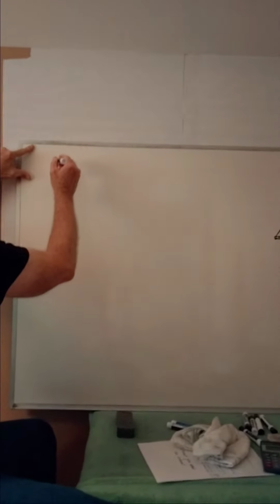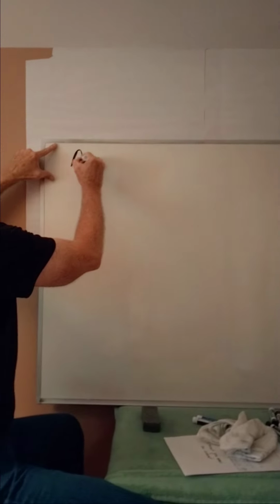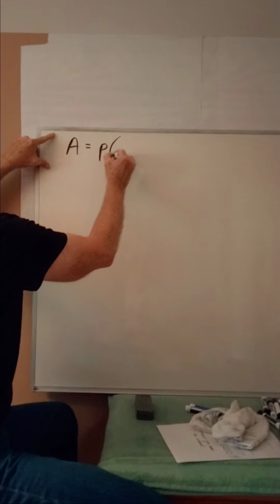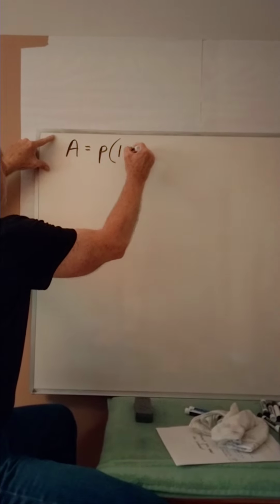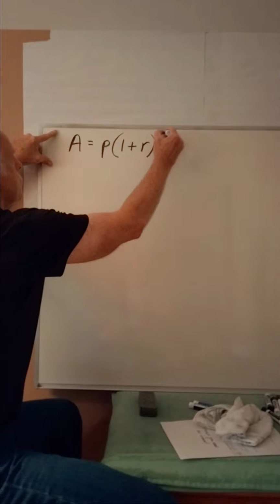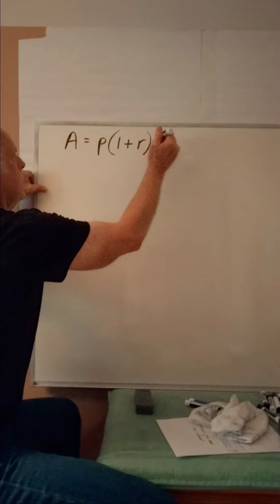So we're now going to turn our attention here, and we're going to begin by writing down our model. Amount is equal to principal times the quantity of 1 plus R to the N, to the T, I'm sorry. I'm thinking ahead.